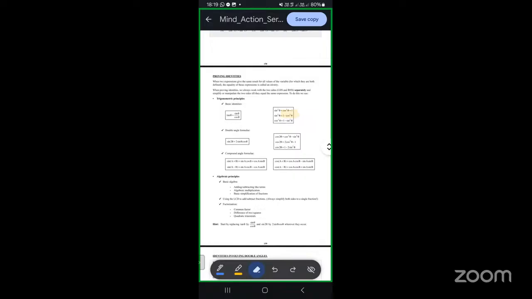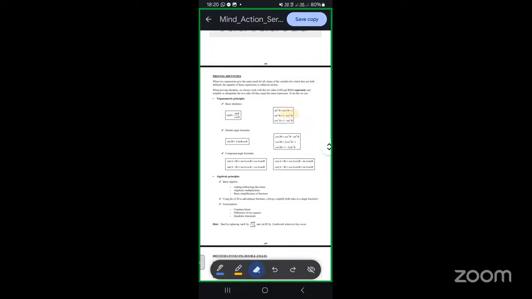Yes, sir. Okay, fine. Now, if you understand those identities, double angles and compound angles, let's go to this algebraic principle, basic algebra. Adding and subtracting like terms is what we will mostly do in our expressions or equations when we are proving left-hand side and right-hand side. Algebraic multiplication, that's what we'll mostly do.